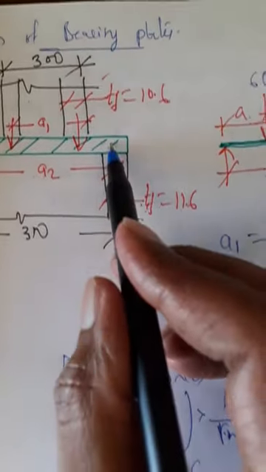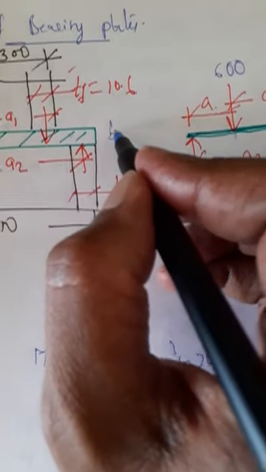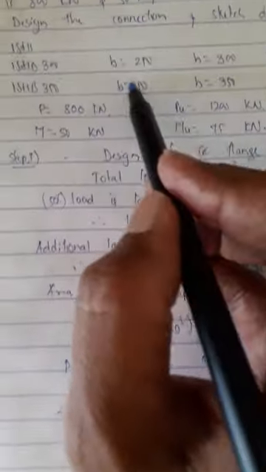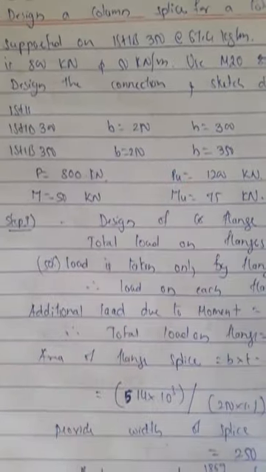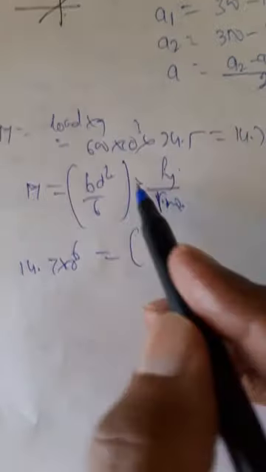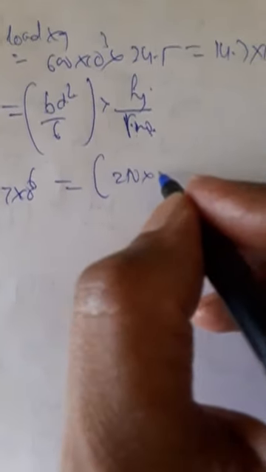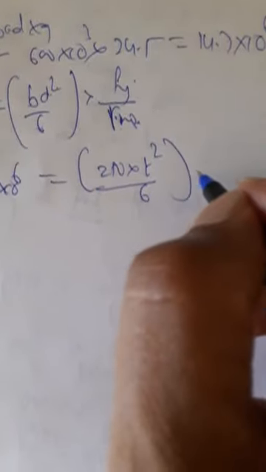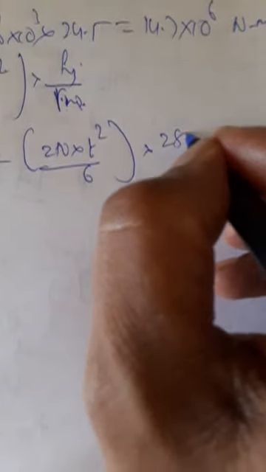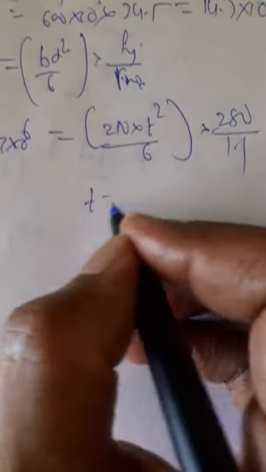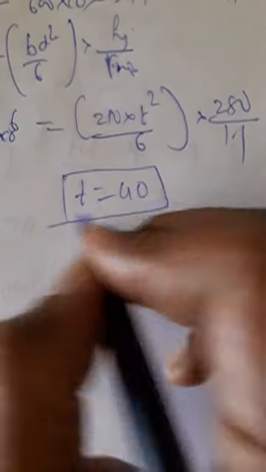Now here remember this bearing plate, this B should be equal to 250. One dimension for bearing plate is finalized. So B is finalized 250 and D is nothing but thickness T, which I have to calculate. So I can write 250 into T square by 6 into Fy 250 divided by 1.1. So solving this you get T is equal to 40 mm.